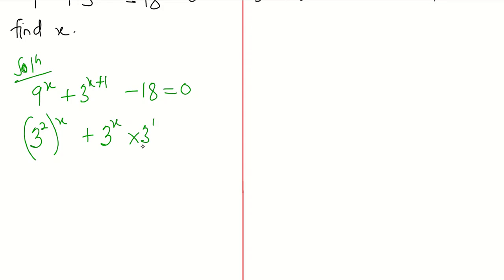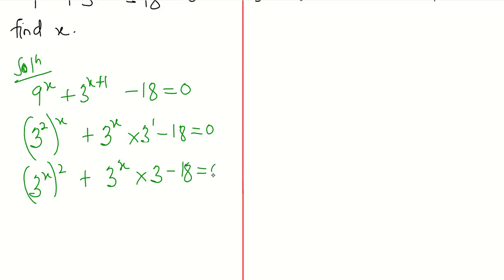If the bases are the same, then write one of the bases and add the exponents, and that is what we have here. So we have minus 18, which is equal to 0. At this point, you can rewrite 3 exponent 2 all exponent x as 3 exponent x all exponent 2, plus 3 exponent x times 3 exponent 1, which is 3, minus 18 equal to 0.